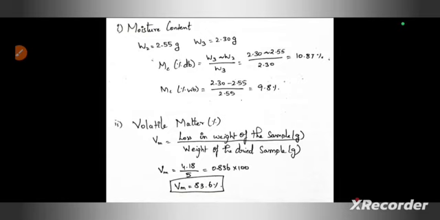Using the formula (W3 minus W2) divided by W3, we get the moisture content of around 10.87 in dry bulb condition. Again we measure in wet bulb condition, in which we have obtained a moisture value of 9.8 percent.